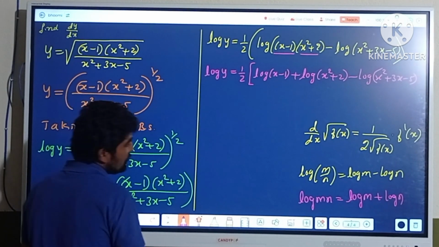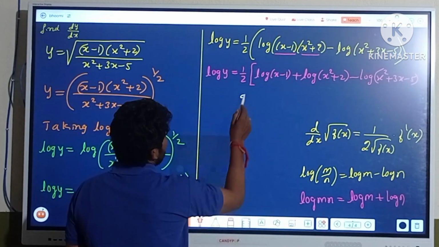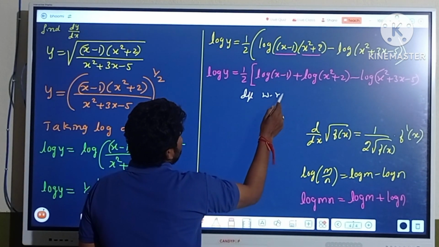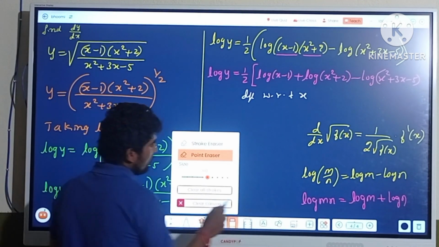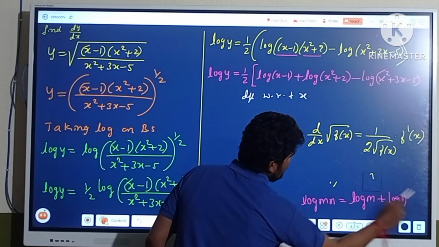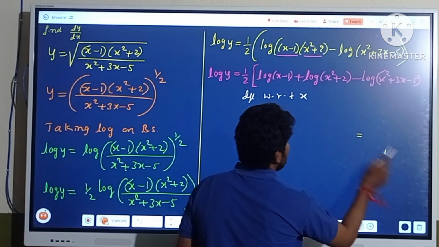After using log on both sides, we directly go to the second step, that is to differentiate this with respect to x.